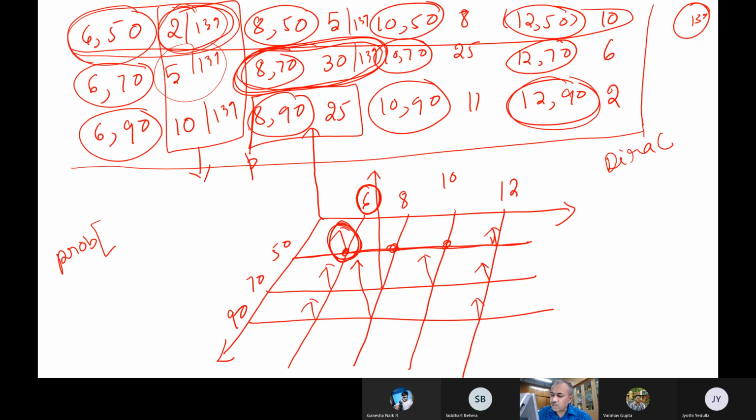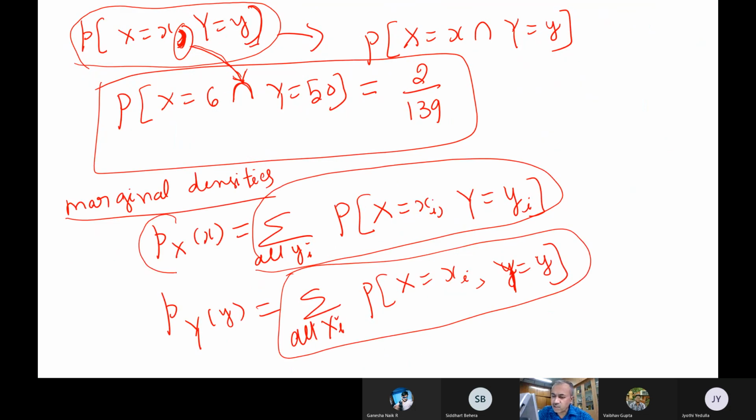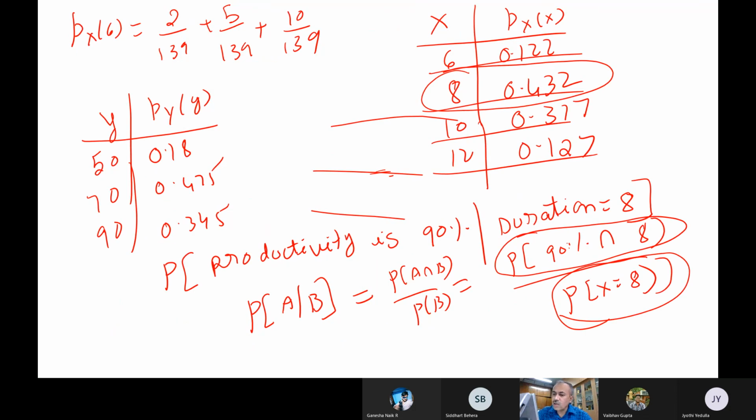If you sum up over productivity, you will get duration. So you can obtain these marginal densities, the one-dimensional ones. This I explained in the last class, and then you can do a lot of interesting things, conditional and others also.